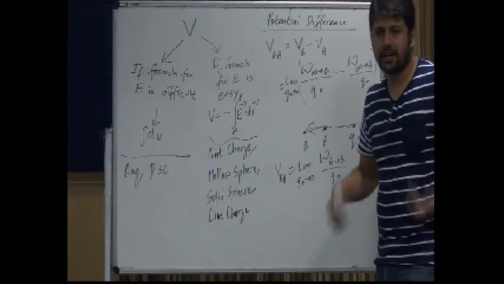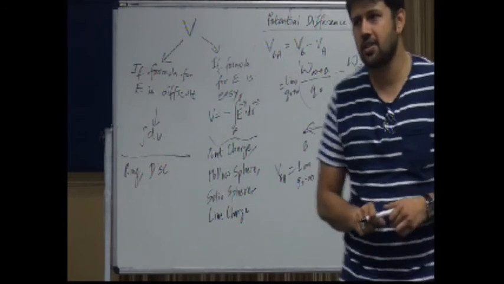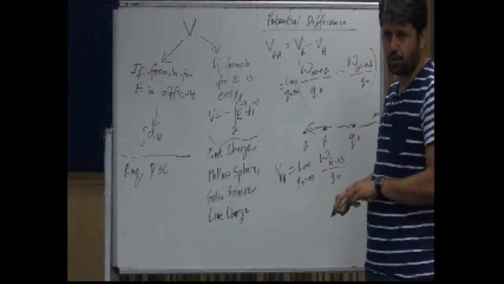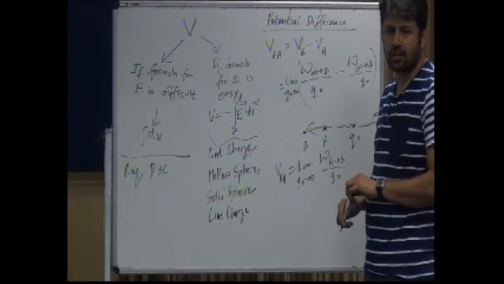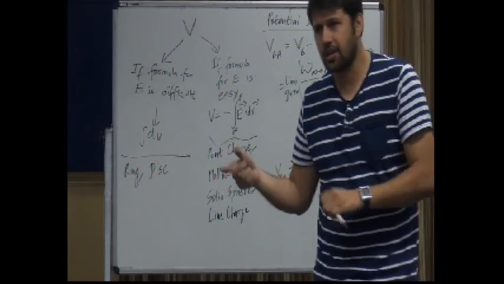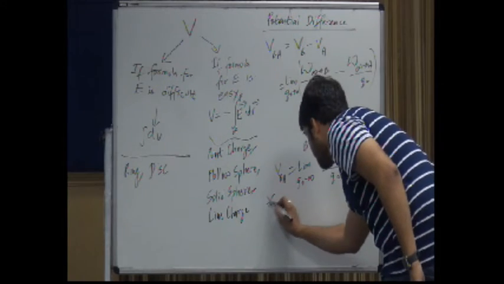For practical purposes, if the potential difference between two points is given, what we say about work done? The work done would be what? Q into the potential difference. I will write it here.